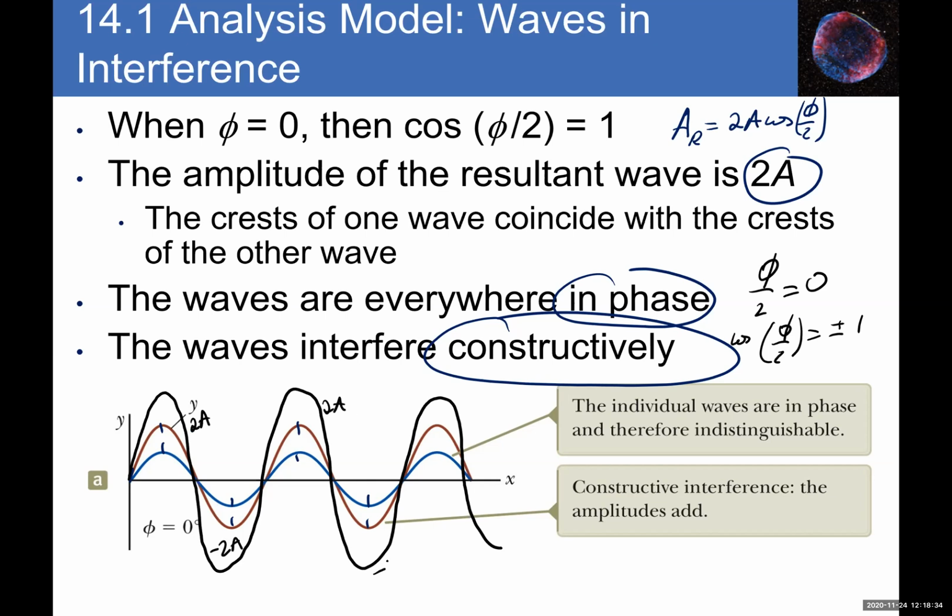That means you get constructive interference as long as this is true. And this will be true as long as phi is 0, 2 pi, 4 pi, and so on. That means even multiples of pi.